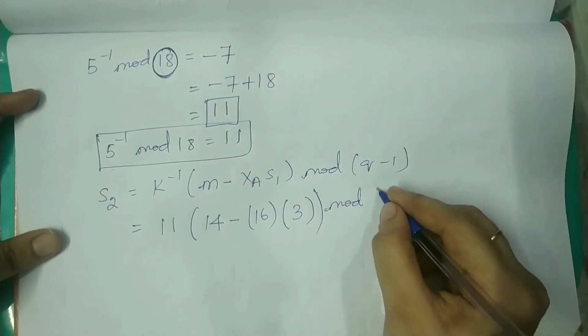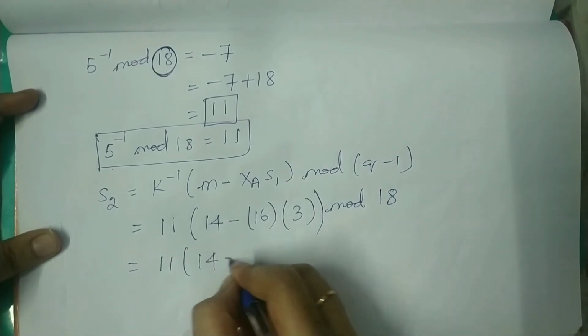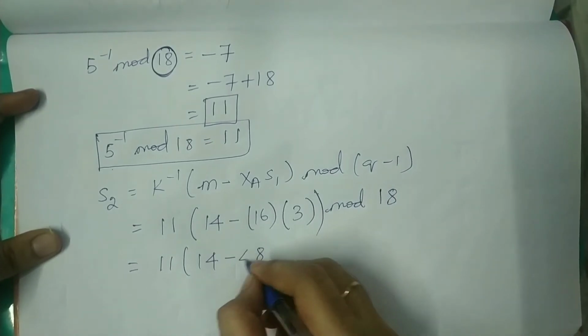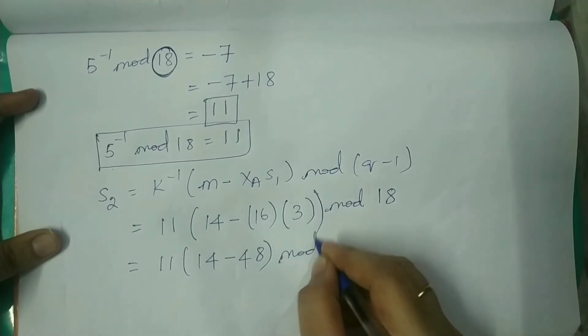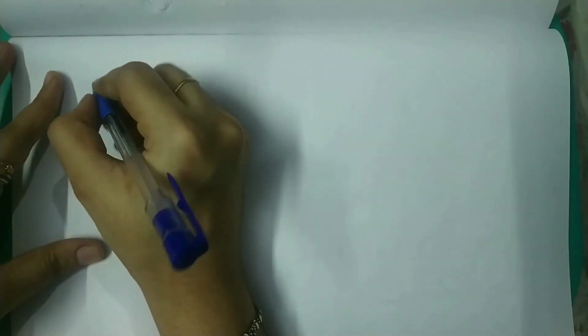So 19 minus 1 is 18. So 11 into 14 minus 48 mod 18, which is equal to 11 into minus 34 mod 18, which is equal to minus 374 mod 18. I should write it in this form.